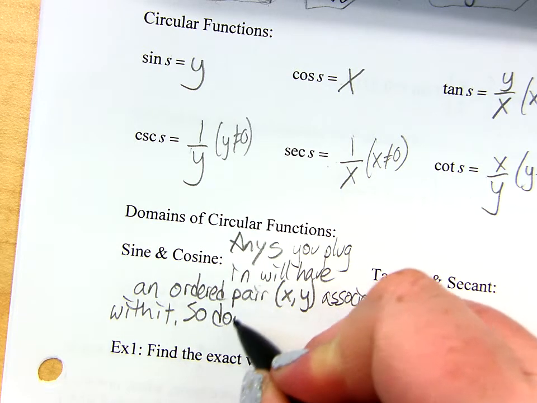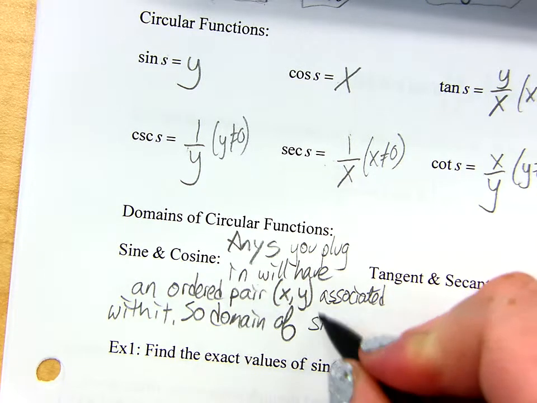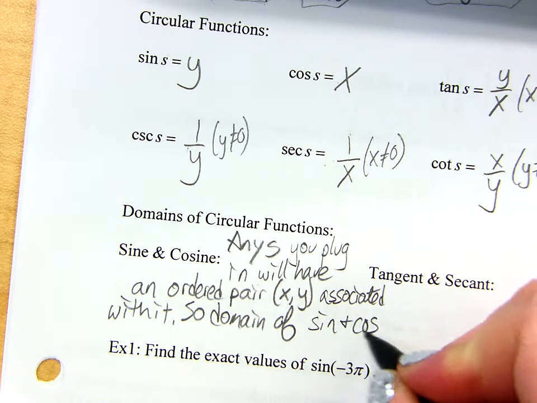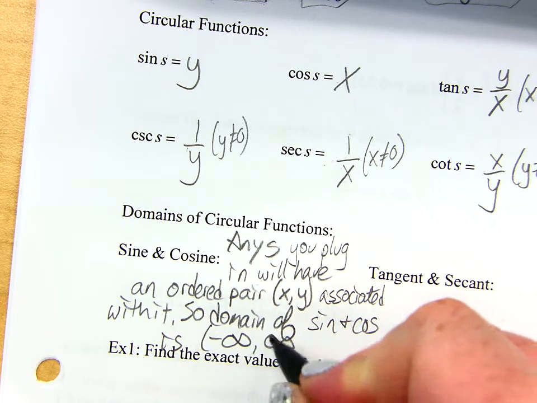So the domain of sine and cosine is negative infinity to positive infinity.